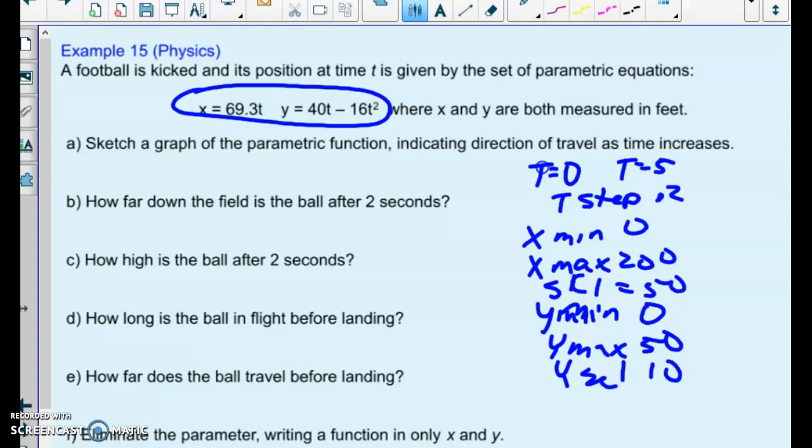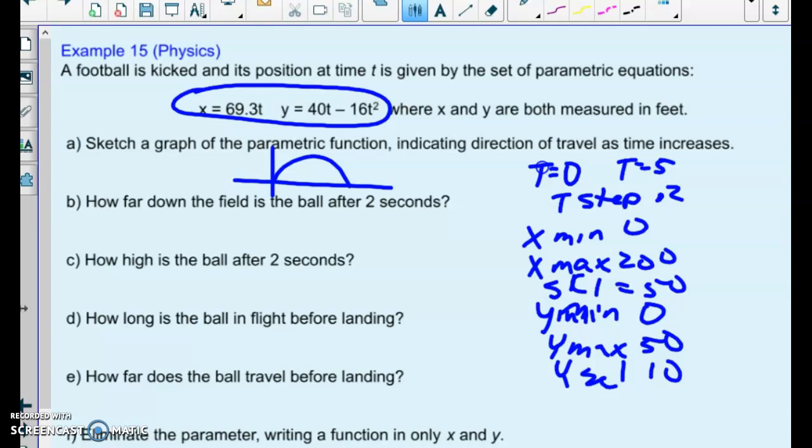So when I graph it, I get a graph that looks something like a parabola, which I would suspect when we kick a ball that it's going to be a parabolic shape. So how far down the field is the ball in 2 seconds?